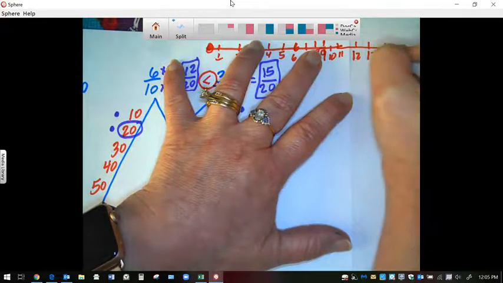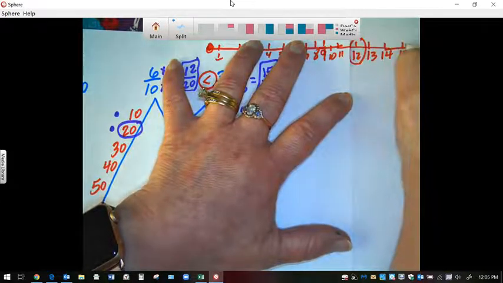Okay? You will see that 12 does come before 15.